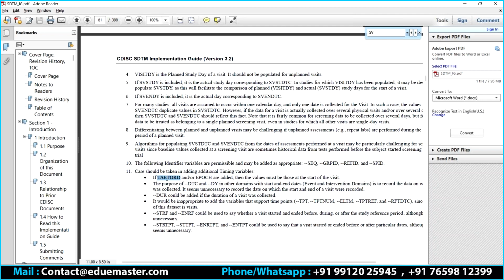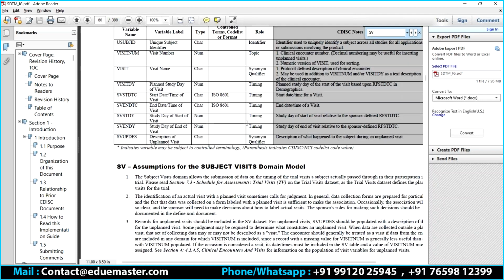And when this is added, the timing variables will be changed, not the variables which are part of this particular domain. That you need to take care of when you are merging multiple domains. At this particular point of time, we are not doing that, so we don't need to worry about it. You understand what I'm saying? Yes, Murli. Got it. Perfect.